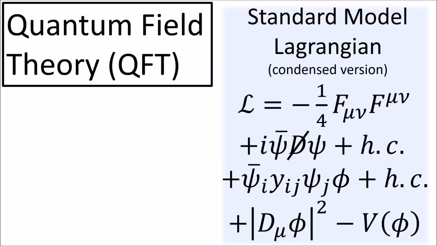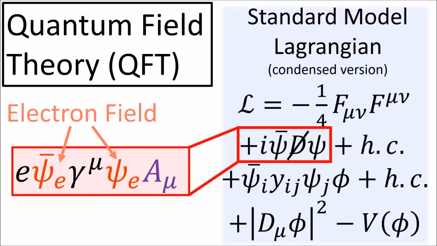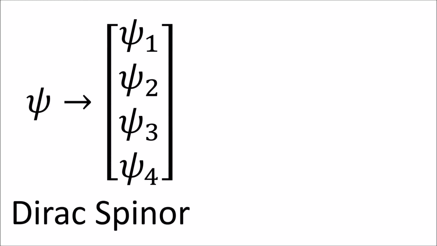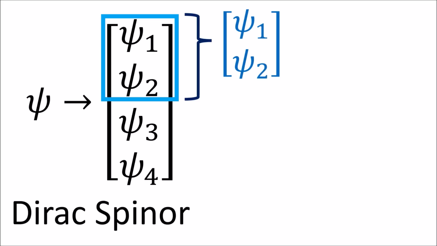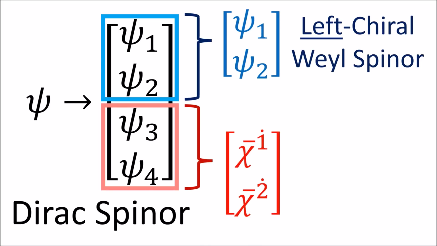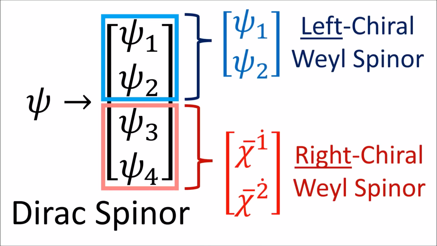For example, this term represents the electron spinor field interacting with the photon vector field. Spinors in quantum field theory are 4-component columns called Dirac spinors, which are really a pair of 2-component Weyl spinors, one having left-handed chirality and the other having right-handed chirality.